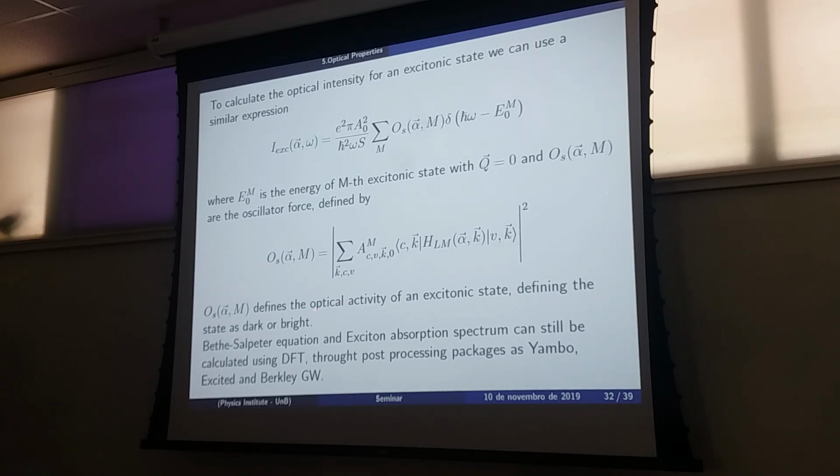So basically, the bright states have big values, but dark states have values around 10 to the minus 8 of this oscillator strength, so you won't see them in the spectrum. The Bethe-Salpeter equation and exciton absorption spectrum, you can calculate using DFT and those post-processing packages, Yambo, Exciting, and BerkeleyGW. I'm not sure if all of them are compatible with VASP. Probably this one can use VASP and this one I think is only with Quantum Espresso.